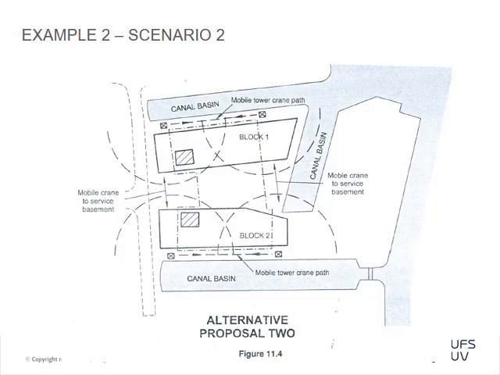Yeah. So this is the scenario, and what they've got here is they've got one crane on this side, one crane on this side, one on that side, one on that side, and you've got a crane path. So they move from the one side to the other side. There's little sections here where they don't have access, but they use a mobile crane to service these areas.